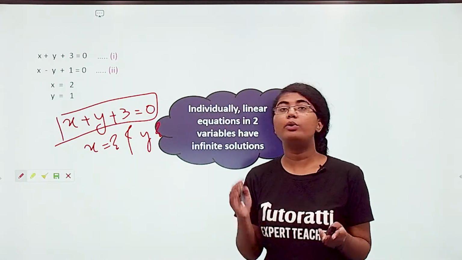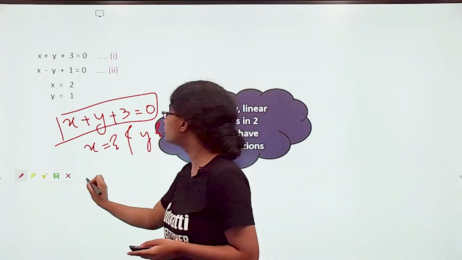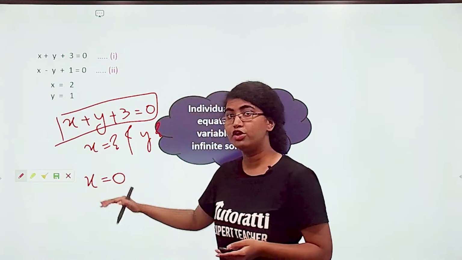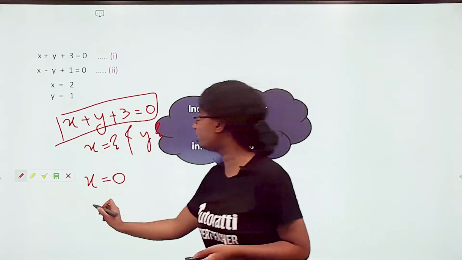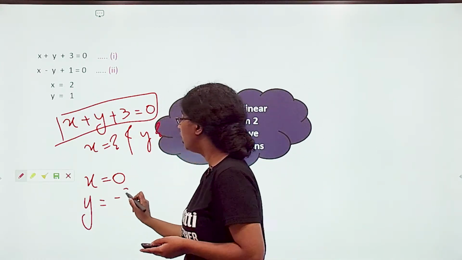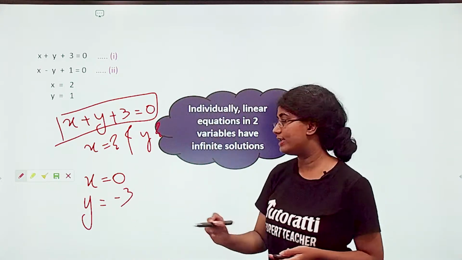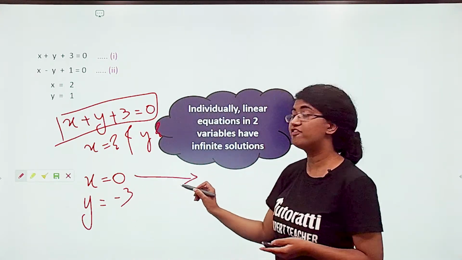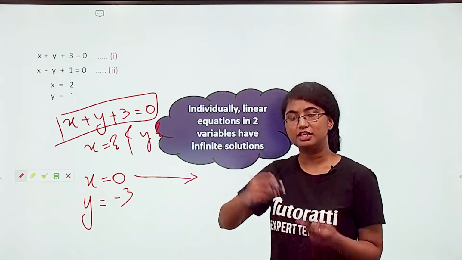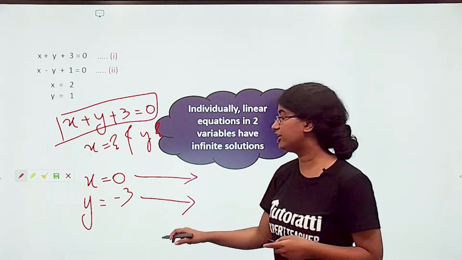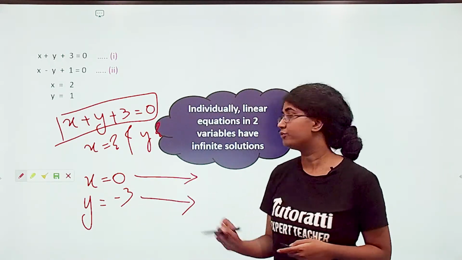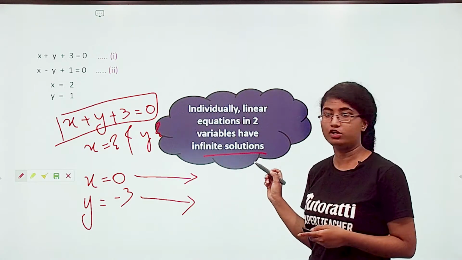So you remember how we did this in the graphical method? You assume the value of one variable, you substitute it back in the equation and you get the value of the other variable, right? Now x can take an infinite number of values and significantly you will get an infinite number of values for y. This is what the statement is suggesting here.